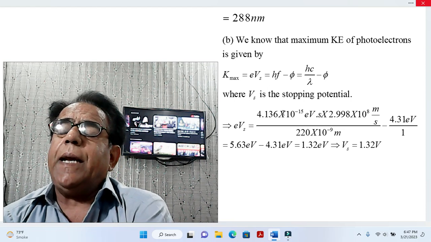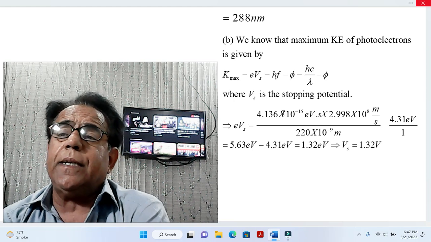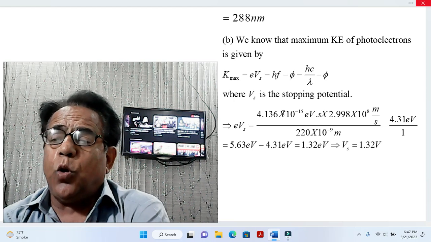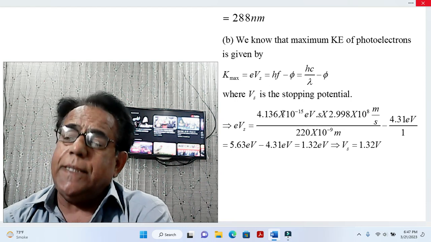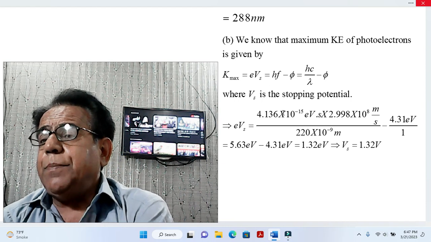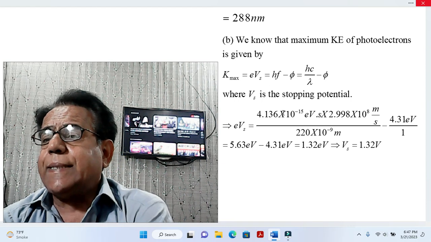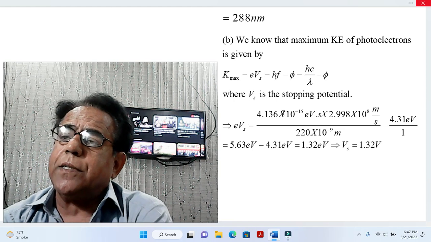Wavelength lambda and frequency f are reciprocal of each other along with the involvement of speed of light c. Okay, so maximum kinetic energy K max has become equal to hc over lambda minus work function phi.